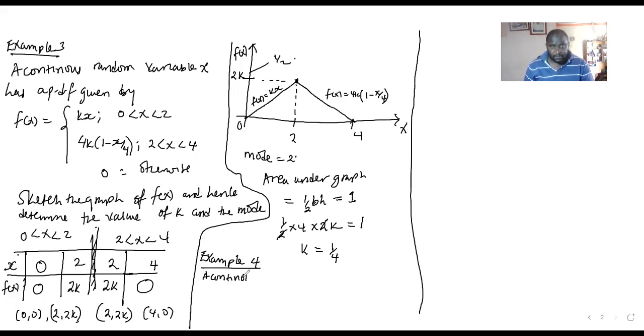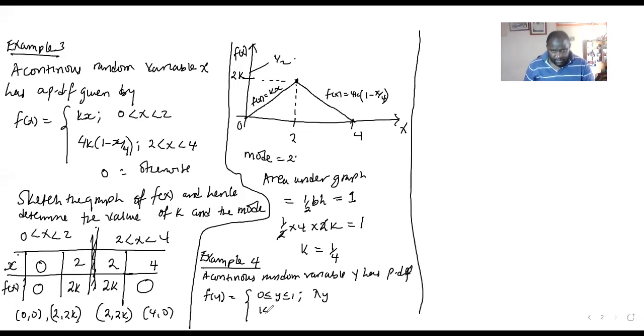A continuous random variable y has a PDF f of y given by: 0 less or equal to y less or equal to 1, lambda y.